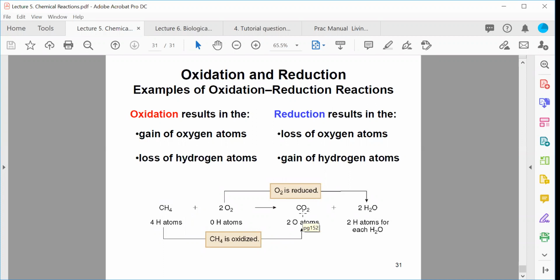So in that process, it has gained oxygen and it's lost hydrogen. So methane is said to be oxidised. Now, if we look at the oxygen here, oxygen is said to be reduced in this combustion reaction. Here it is, it's actually gained hydrogen. So gain of hydrogen is reduction.